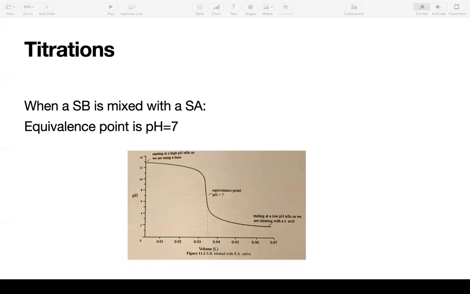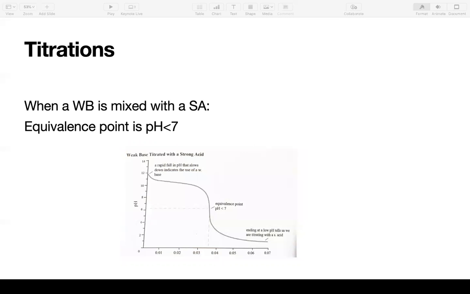And then similarly, when we mix a strong base with a strong acid, we'll have an equivalence point of 7. But when we have a weak base being mixed with a strong acid, the equivalence point is going to be less than 7. So we kind of think of it, strong acid will overpower the weak base. So we'll have a pH of less than 7.